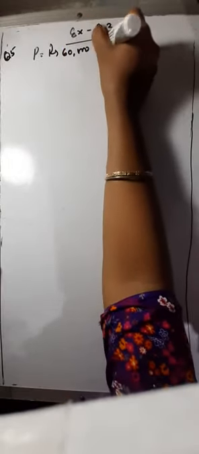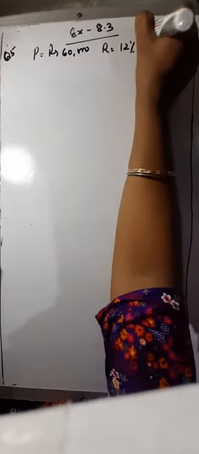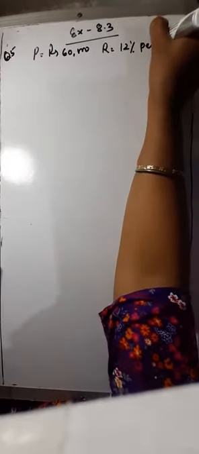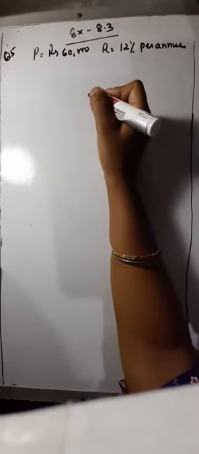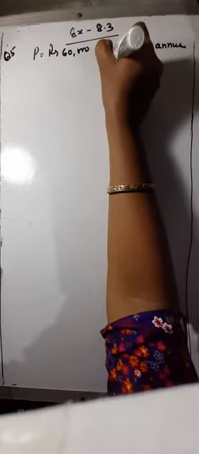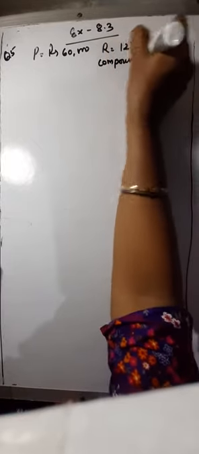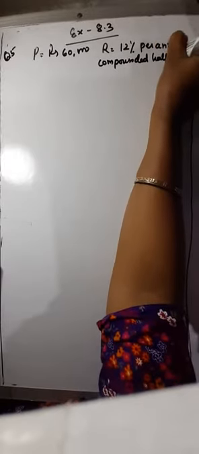We have principal amount is rupees 60,000, rate 12% per annum, compounded half yearly.